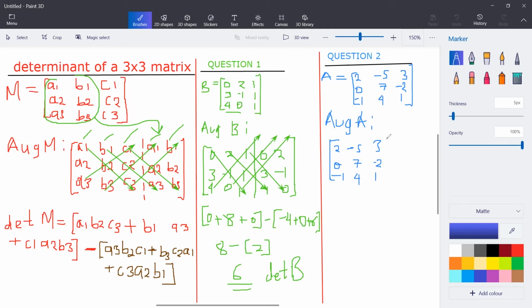Then I need that line to separate things. Then I append my first 2 columns. So 2, -5, then 0, 7, and then -1, 4. Please watch out for those signs, negative and positive.